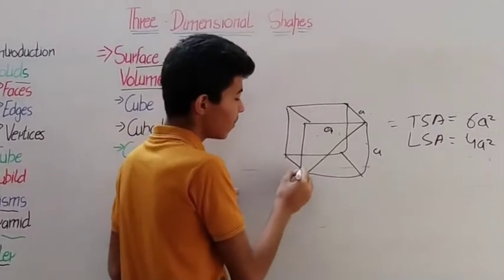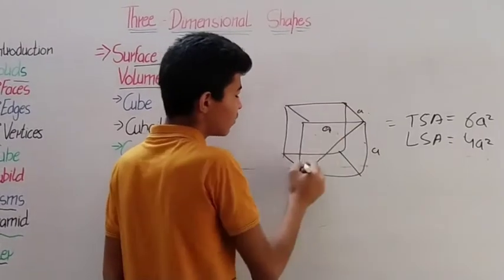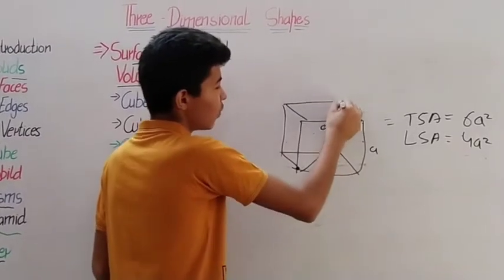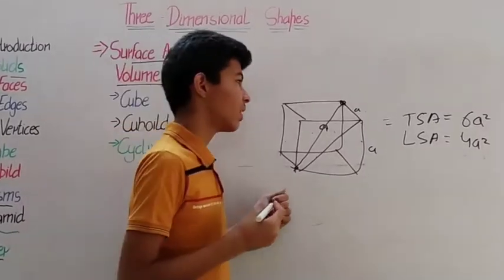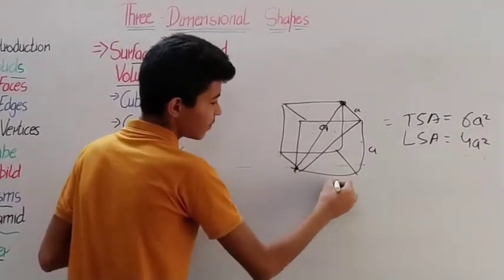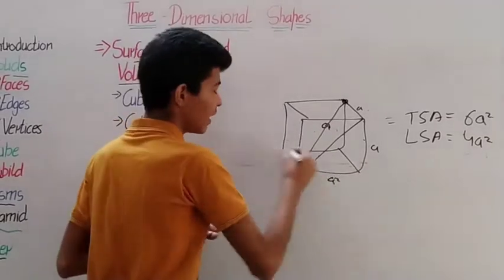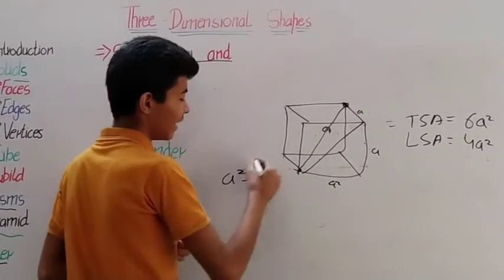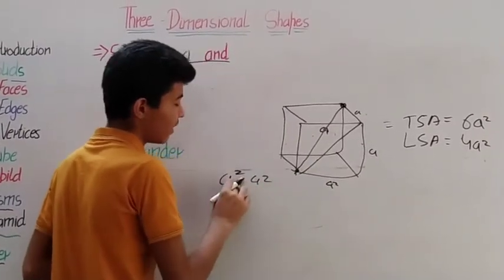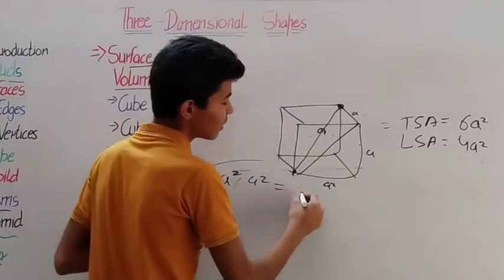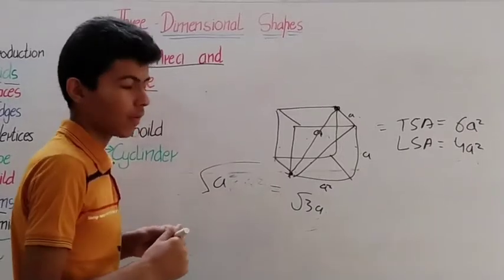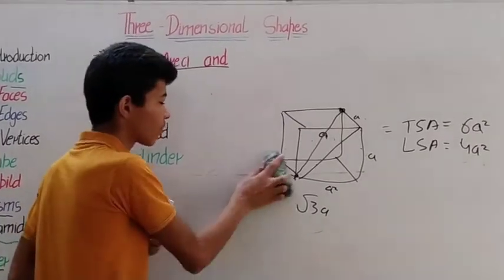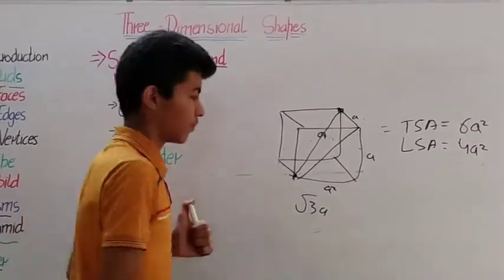The diagonal from one vertex to the opposite vertex would be the longest diagonal. Using the square of the face diagonal and taking the square root, we get root 3 A. So this is the longest diagonal of the cube.